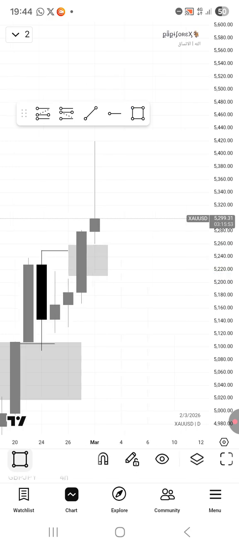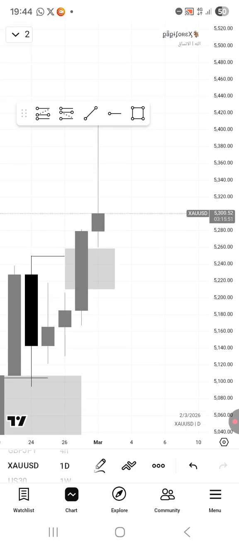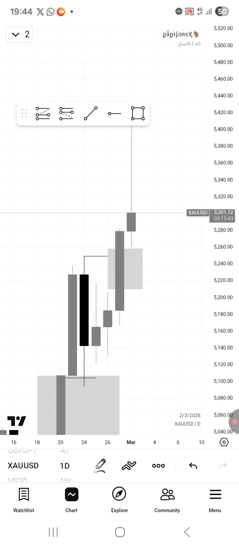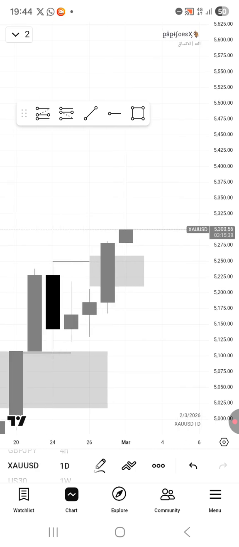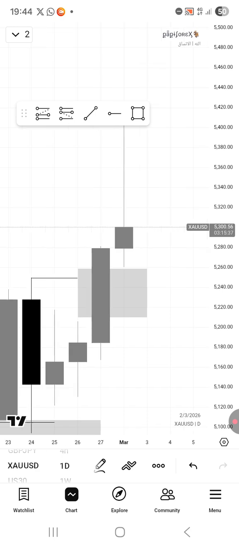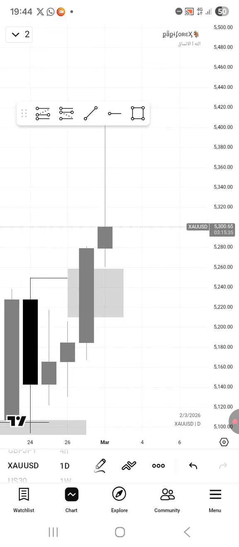Basically, in some brokers' charts this fair value gap will be like a breakaway gap, or a market open gap. Yeah, market open gap. In some brokers' charts it will be a market opening gap, but because I use forex.com, it's giving me a fair value gap, so it's still the same thing.